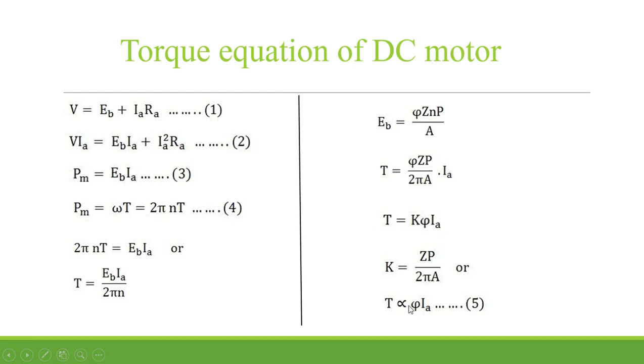In terms of proportionality, we can say the torque is directly proportional to the product of flux per pole and armature current. Now if the direction of flux changes, torque direction will change. If the direction of armature current changes, torque direction will change. If the direction of flux and armature current both change, then torque direction won't change.